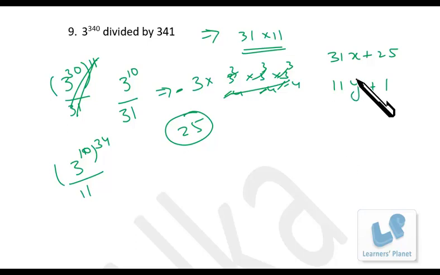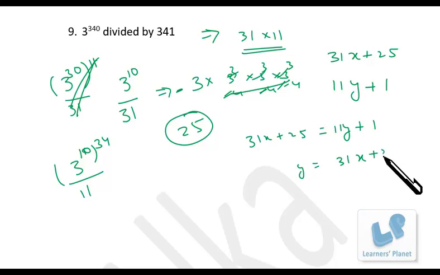So now we have to find a number that is in 31x plus 25 format and 11y plus 1 format. You can make the calculation simple because you want just one number that satisfies both expressions, so you can equate the expressions. 31x plus 25 is equal to 11y plus 1, so y will be (31x plus 24) by 11.